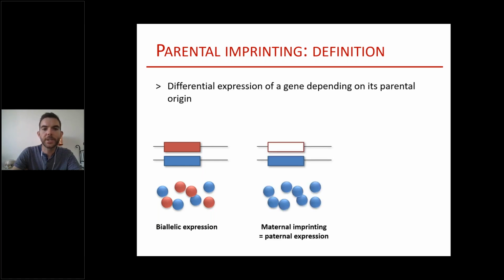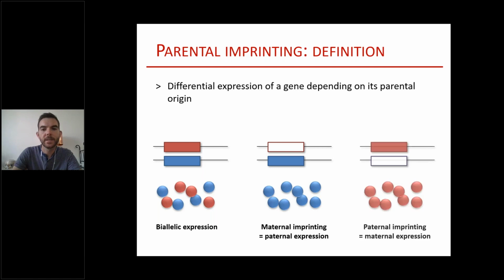But for some genes of our genome, only one allele is expressed. We define some genes as maternally imprinted, meaning that only the paternal allele is expressed. Conversely, paternally imprinted genes are those where only the maternal allele is expressed.